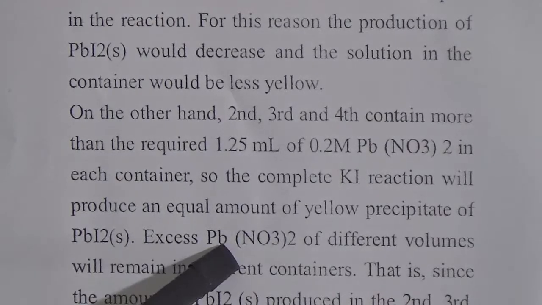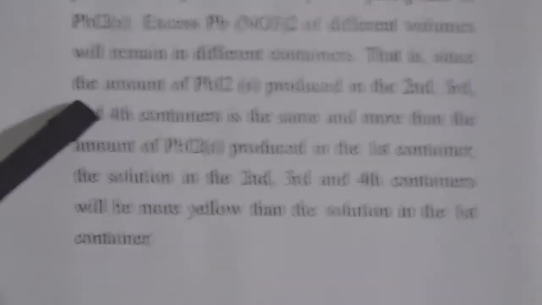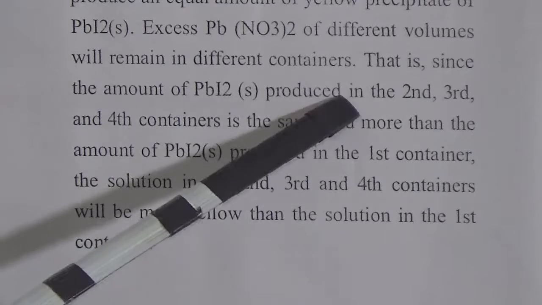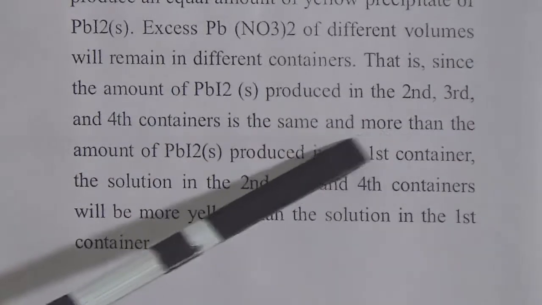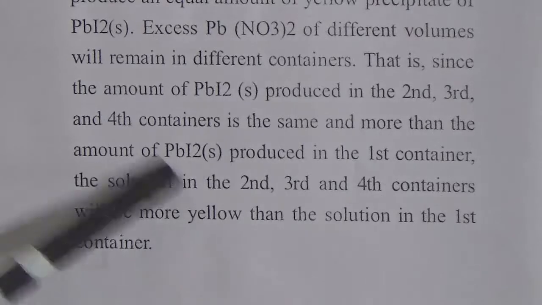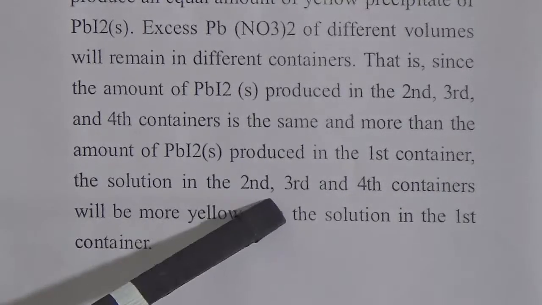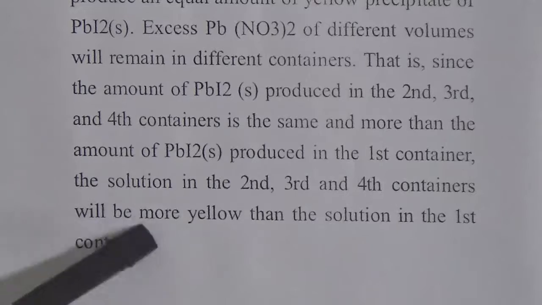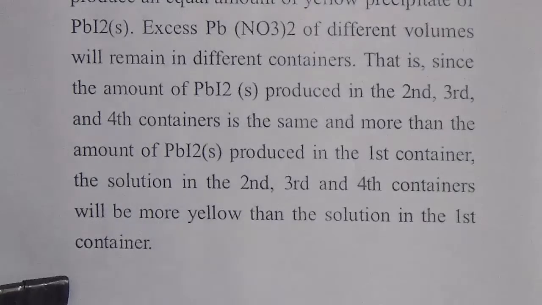Excess lead nitrate of different volumes will remain in the different containers. Since the amount of lead iodide produced in the second, third and fourth containers is the same and more than the amount produced in the first container, the solution of the second, third and fourth containers will be more yellow than the solution of the first container.